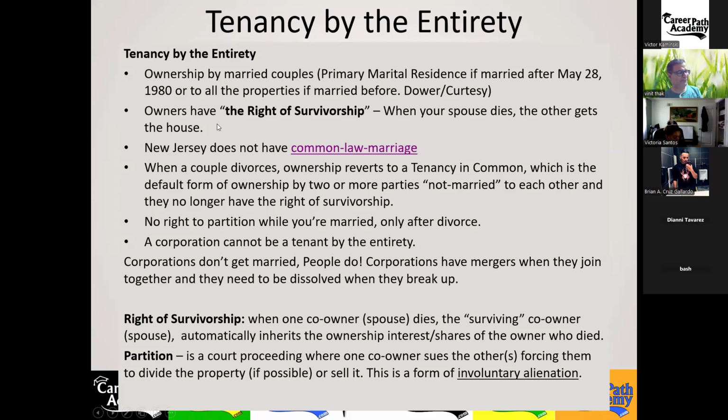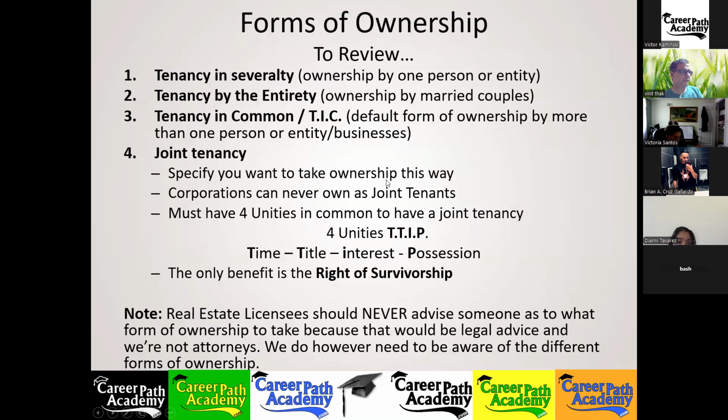So let's continue on. We already went over tenancy by the entirety. As a recap, for review, tenancy in severalty is ownership by one person or entity. Tenancy by the entirety is ownership by married couples.